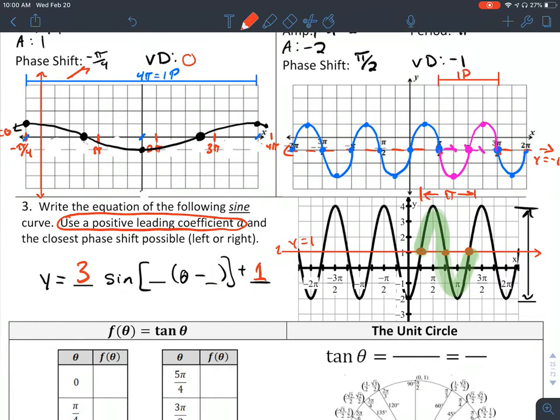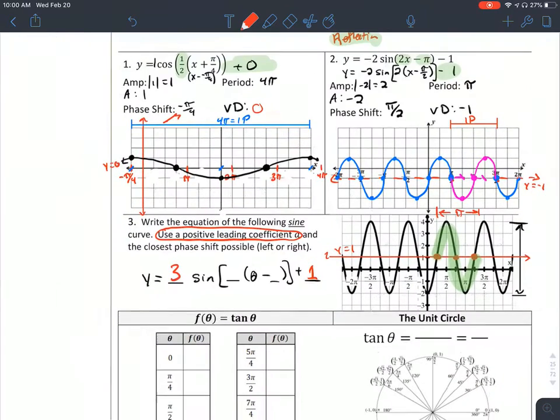The parent's period is 2 pi. If you multiply that by some number k, then that's going to be the period length for this. And the period length for this is pi. So that means that k is going to be pi divided by 2 pi, so k is a half.